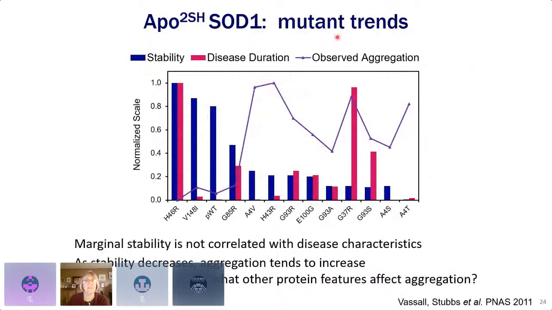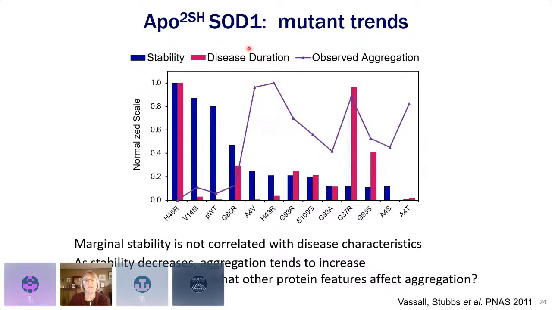This is a study we did a long time ago where we looked at reduced apo-SOD. It's apo because it has no metals, and the disulfide bond is reduced, so 2 SH, 2 thiols.